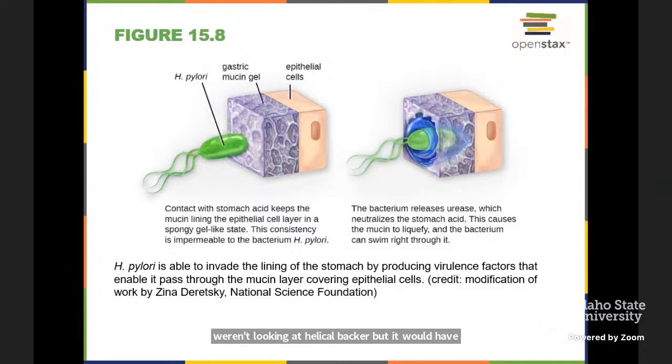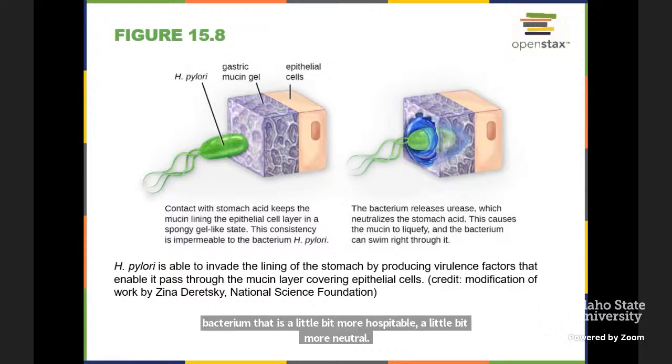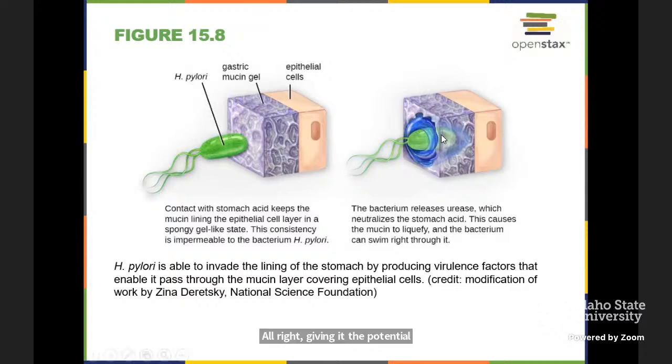All right. So as it's producing the urease, it basically is like a buffering mechanism that helps to neutralize the stomach acid and create an environment around the bacterium that is a little bit more hospitable, a little bit more neutral, giving it the potential to penetrate in.